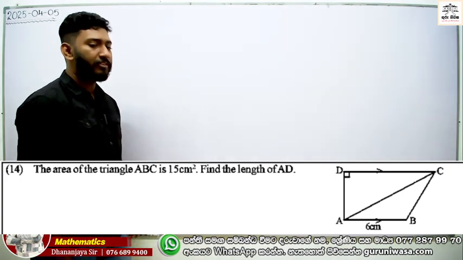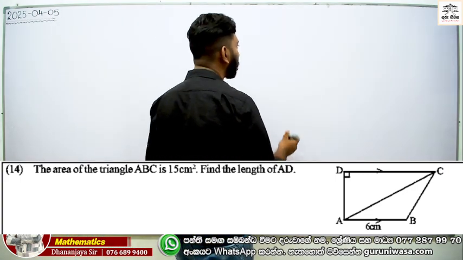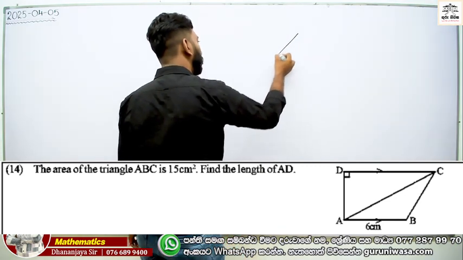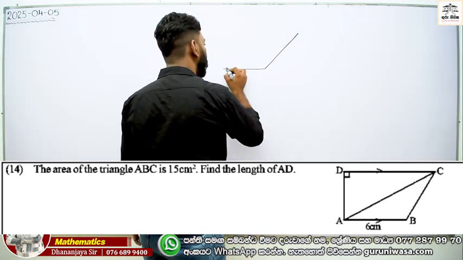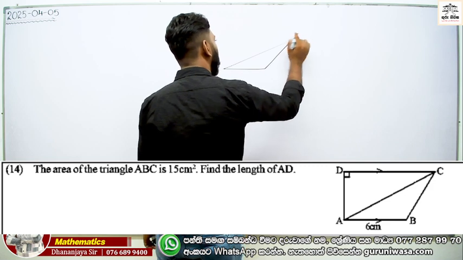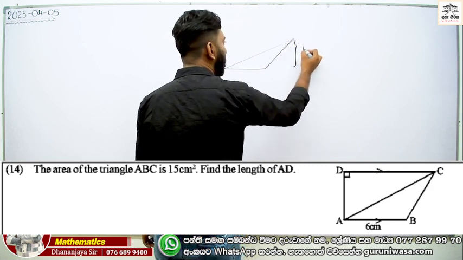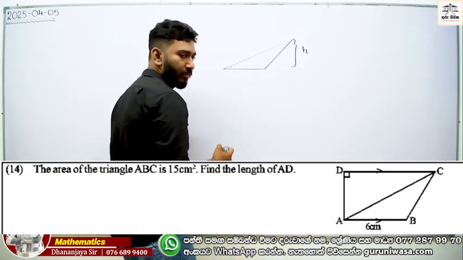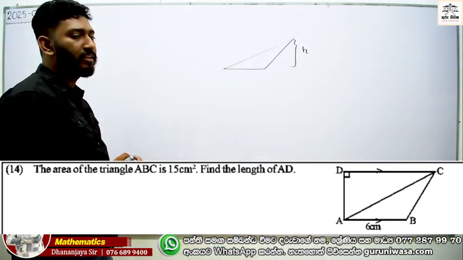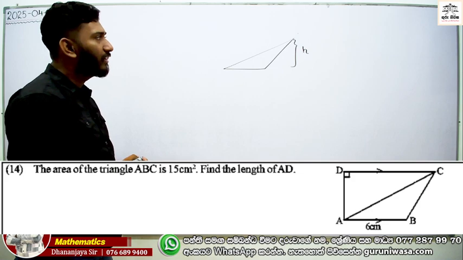Area of the ABC triangle. And this is a triangle, and this one we call the perpendicular height, and that is 90 degrees. Why? Look at the details.